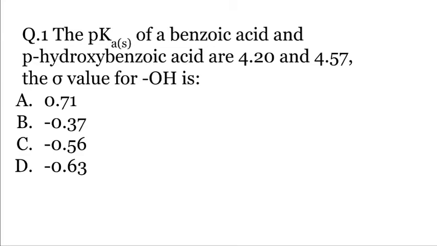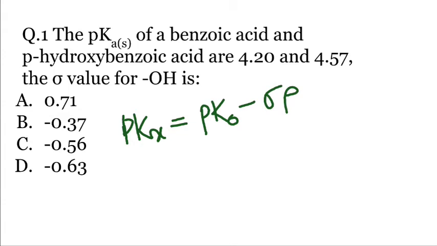Let us see how we solve this one using the concept that we have discussed. We know that pKx is equal to pK naught minus sigma rho, from the Hammett equation.